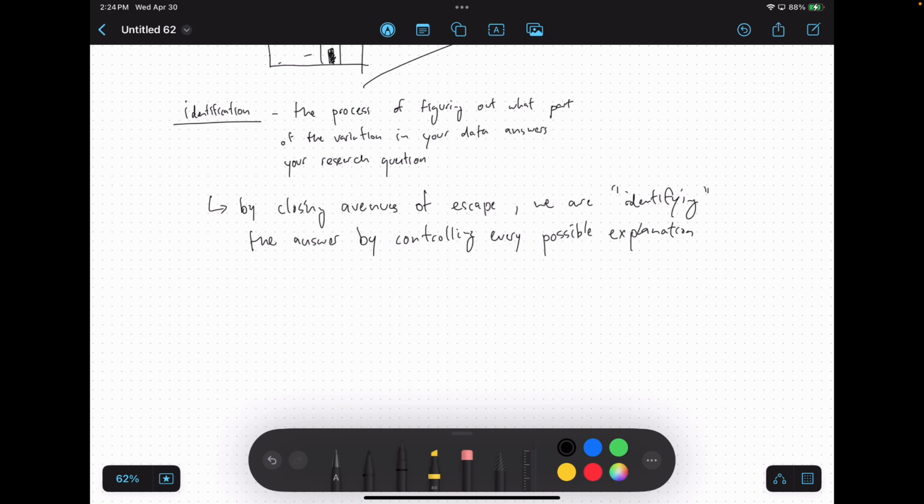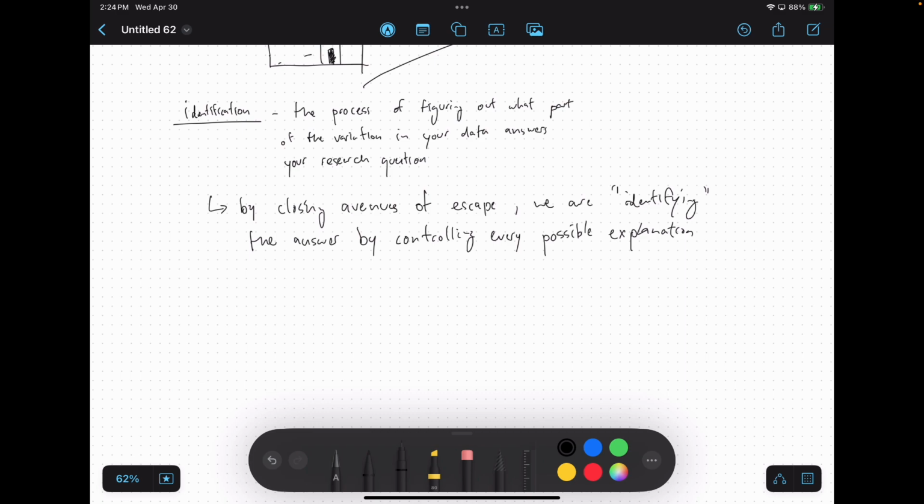So it's actually not the case that you can really make any deductions about the cause and effect until you've controlled for all of the avenues of escape, right?